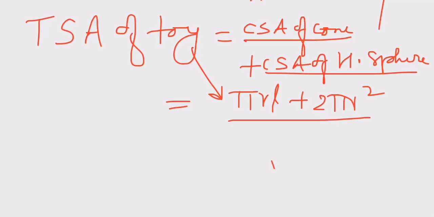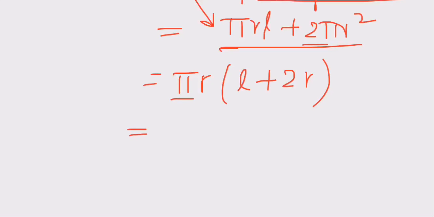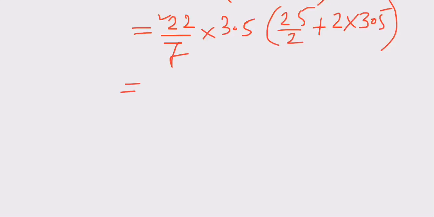Now here in the formula you will have to substitute the values. You can see there are some common terms. Always it is advisable to take out the common terms out of the bracket, and here we have pi r. Now the value of pi is not given. In that case you will have to take 22 upon 7. r we know it is 3.5. l is 25 upon 2. 2 is there, and this is your r once again 3.5. So you can see this 2 can be cancelled out.